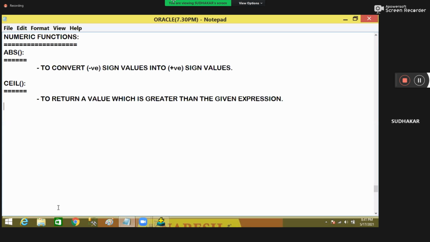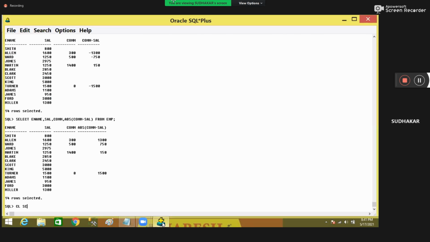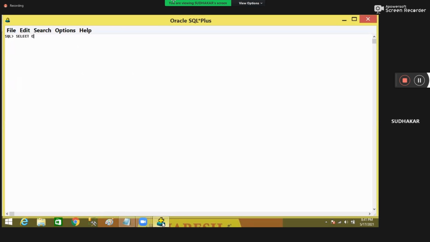For example, let me come back. Select ceil of 9.3, the expression I'm giving, from dual. So the greater value for 9.3, how much? 10. It returns the greater value of the given expression. So for 9.3 the greater value is 10.